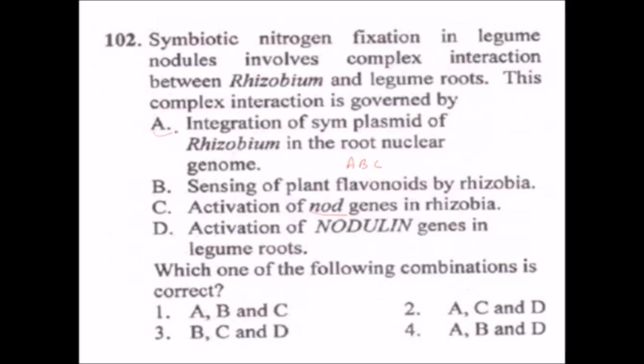So this statement is also true, and obviously the activation of nodulation genes is in legume roots. And the factors required for the activation of nodulation genes are present in the legume roots itself. It can't be activated outside the root. So statements A, C and D are right. So the answer will be A, C, D, number 2.